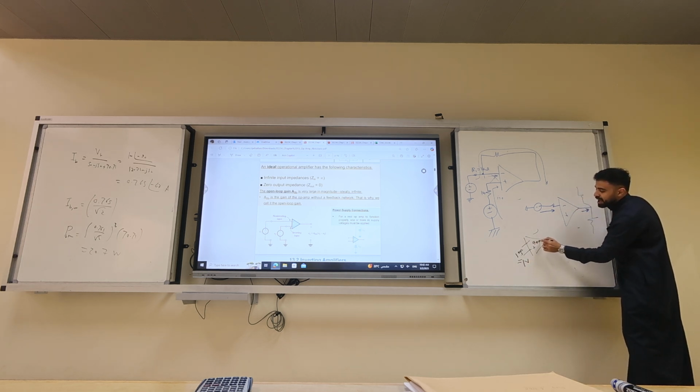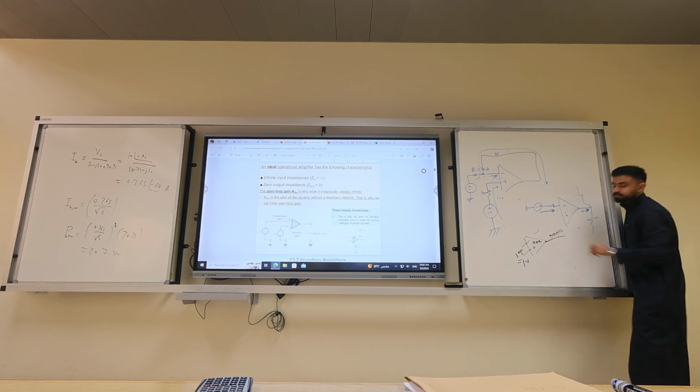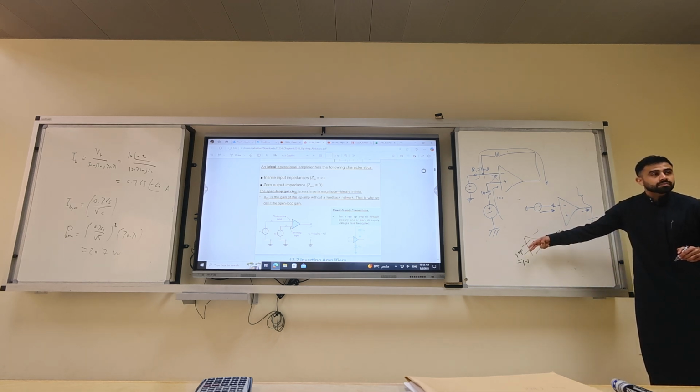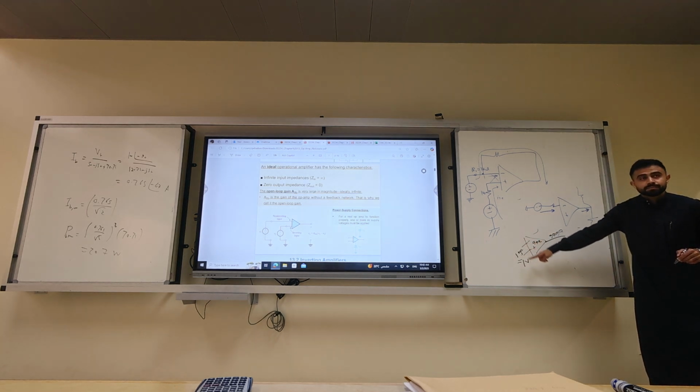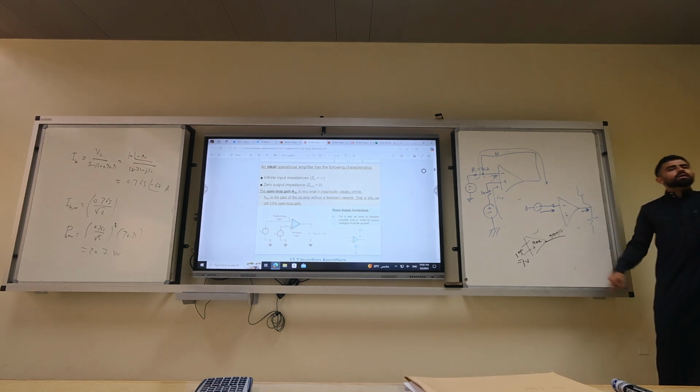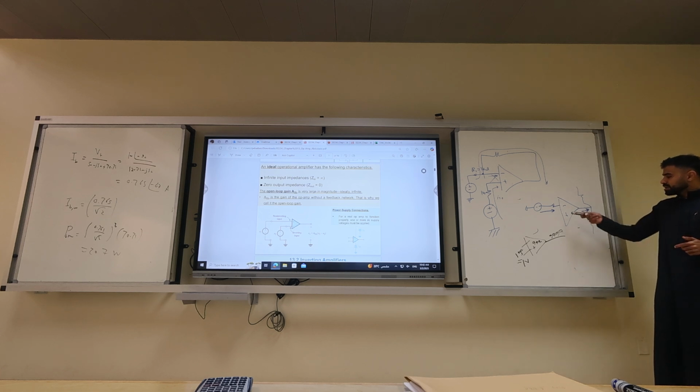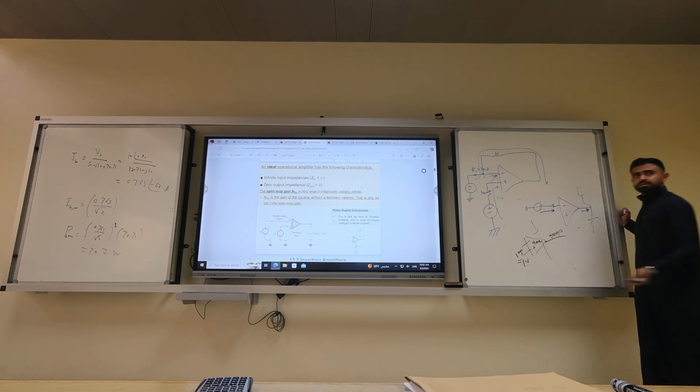The amplifier has a gain of a big number so that the output will be 9999. It amplifies the difference. The difference is 1, the output is 9999. Open loop gain is a big number. But there is a problem with it. We are always limited with the 10 volt. Right?